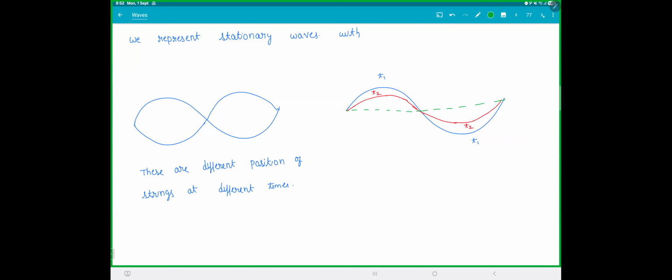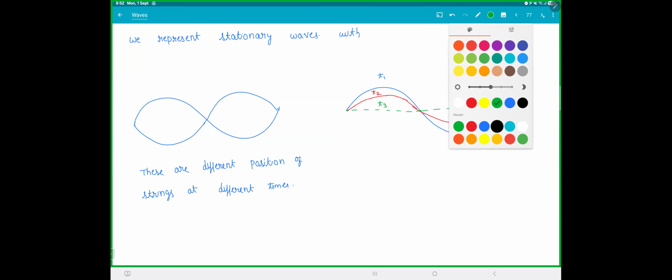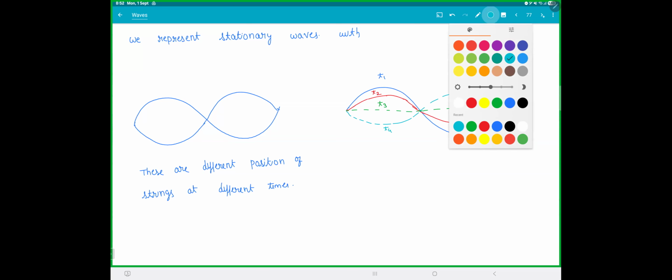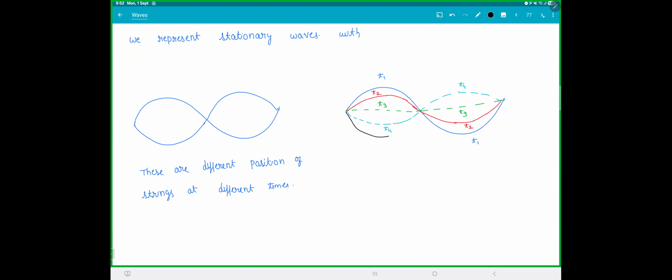Now in the entire process, the midpoint is not moving. This is T3. Next moment, this is T4. That is your T5. Is this making sense?